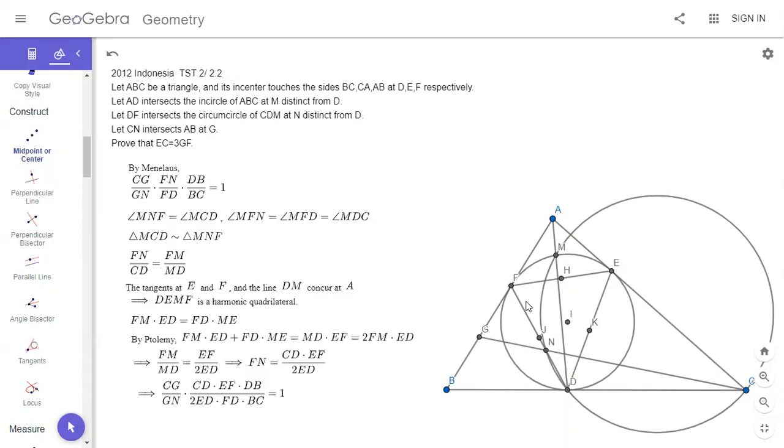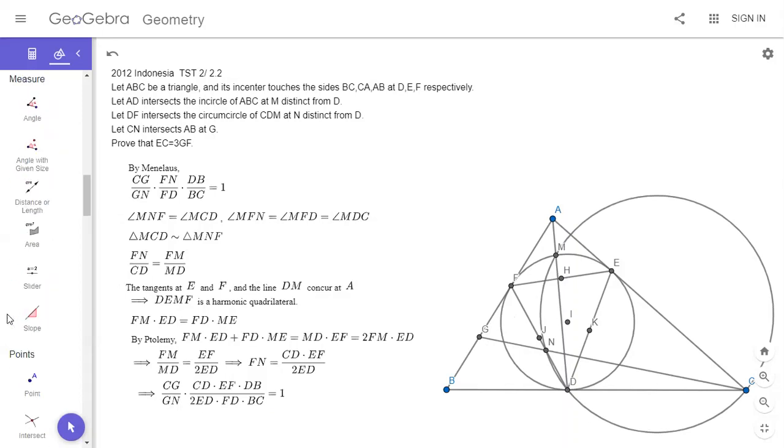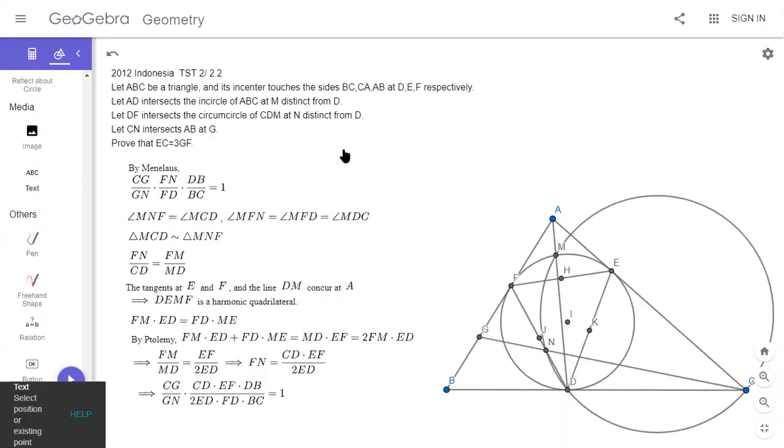Let's see. So I don't usually do trig, but let's see. I might be able to do something here.